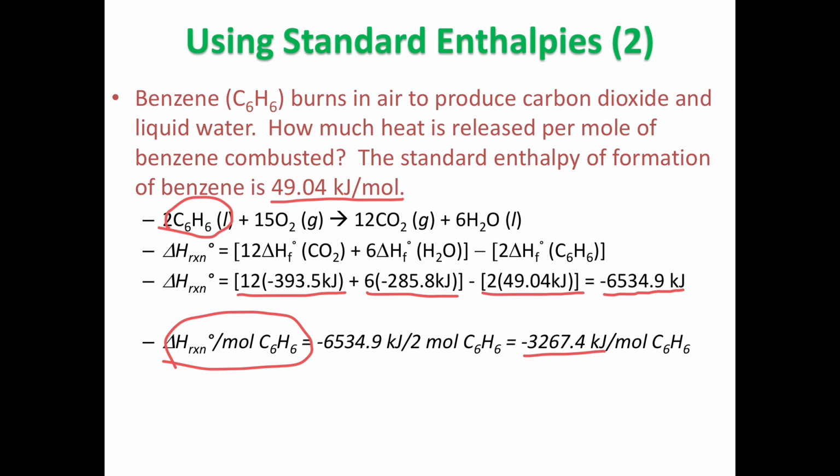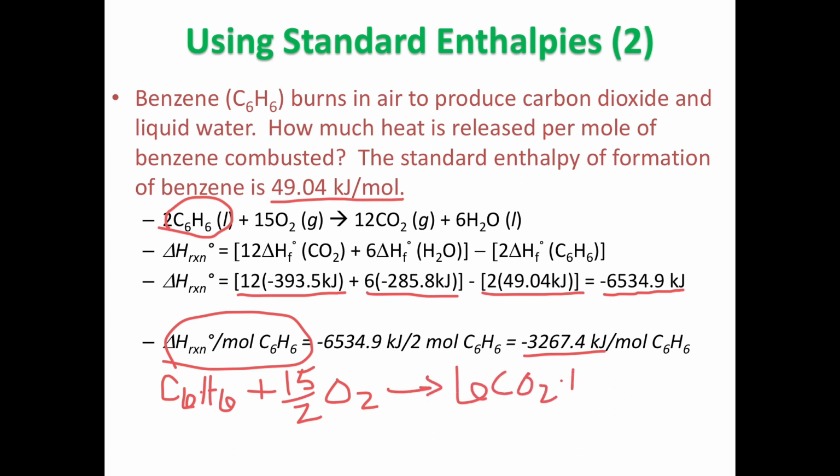So the overall reaction when divided by 2 would be C6H6 plus 15 halves of O2 makes 6 carbon dioxide plus 3 water. And then we would do the calculation as normal, but it already comes out in per mole of benzene.